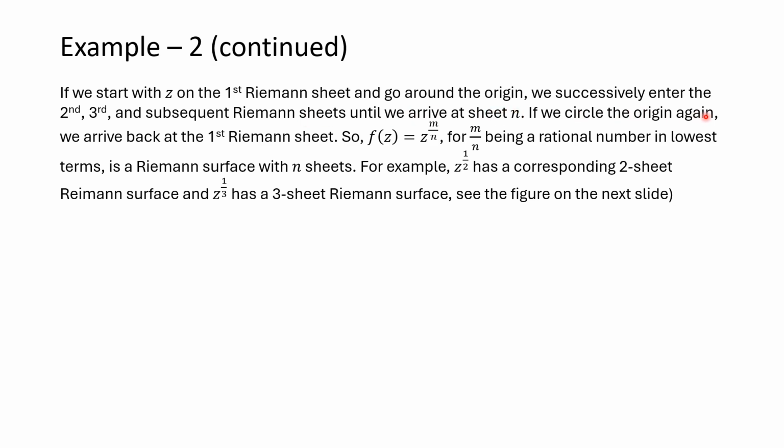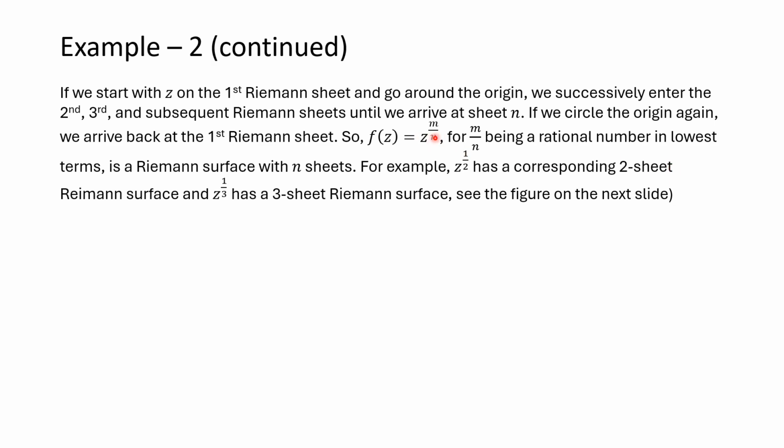If we circle around once more, we come back to the original value, so we're on the first sheet again. So if f of z equals z to the m over n, where m over n is a rational number in lowest terms, so for example, if we had 3/6, we would write that as 1/2, that has a corresponding Riemann surface of n sheets. For example, z to the 1/2 has 2 sheets.